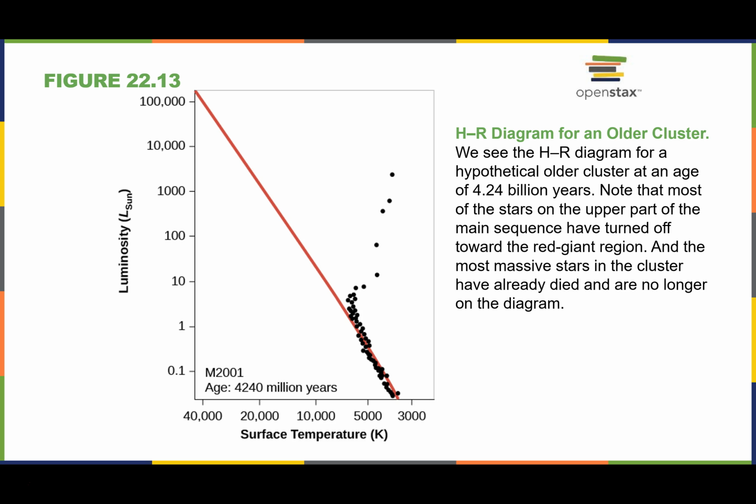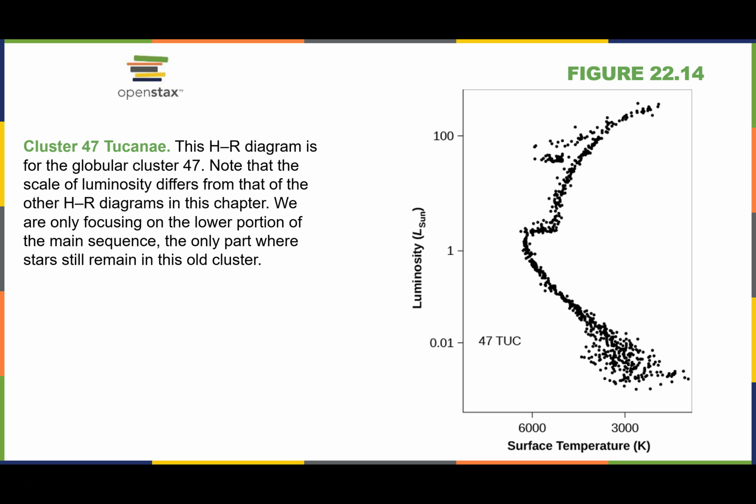Does this make sense, that the lower the turn-off point, the more time even those lighter stars have had to leave the main sequence? The higher the turn-off point means that it's not as old. So you can clearly see this turn-off point. When you see an HR diagram like this, this is a cluster of stars that were born about the same time.